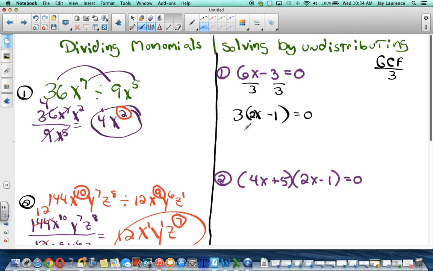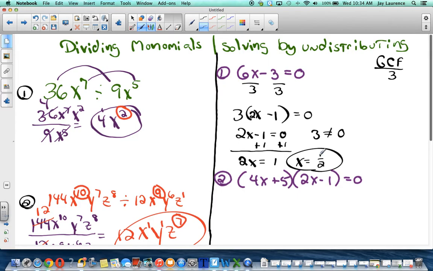Now I take all the quantities and set them equal to 0. So I'm going to set 2x minus 1 equal to 0. There's no variable in the 3, so it can never turn to 0, so I can just ignore it. I can just write 3 does not equal 0. So this problem is only going to have one solution. I'm going to add 1 to both sides, I'll get 2x equals 1. Dividing by 2 will get me x equals 1/2.